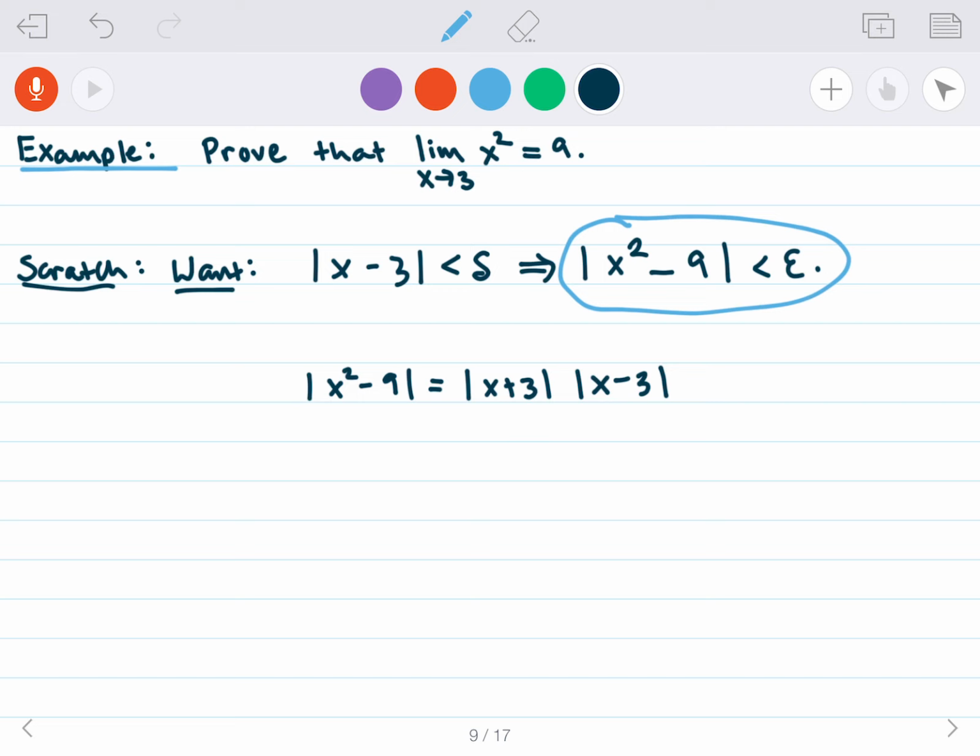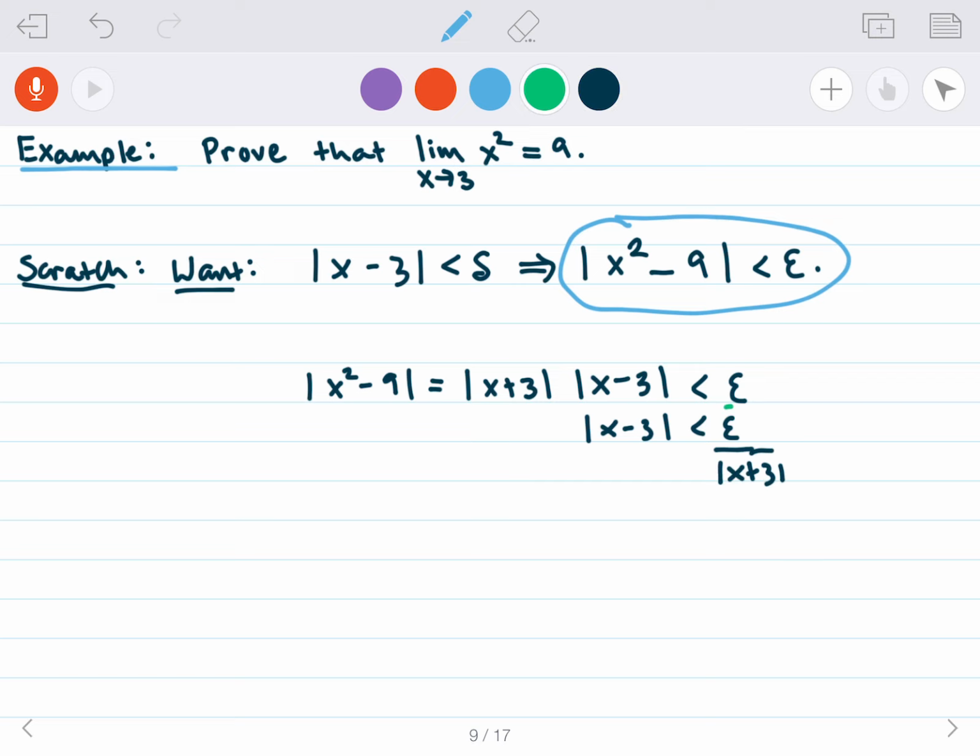Remember, the very second week, I think we talked about properties of absolute values. If you have two things multiplied on the inside, you can pull them apart in the absolute value. So that's what I did here. And we want this less than epsilon. Now I see the x minus 3. So if I isolate x minus 3, I get absolute x minus 3 is less than epsilon over absolute x plus 3.